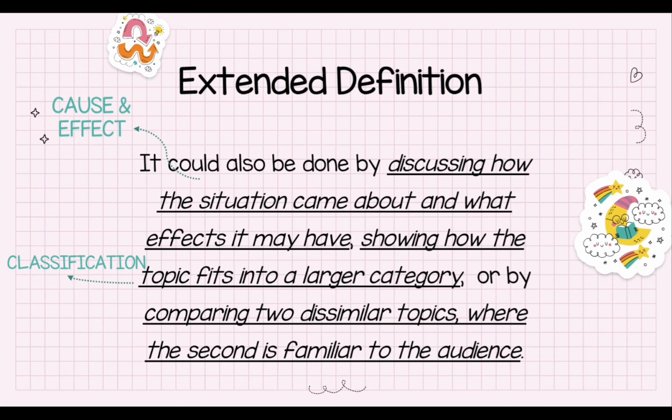For example, if you say a pineapple is a tropical fruit. Since you define the word pineapple by mentioning that it is a tropical fruit, it is classification. Since there are also other tropical fruits, it is an umbrella term to which the pineapple belongs.